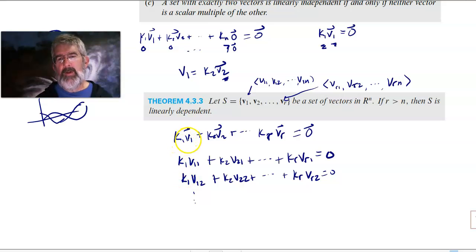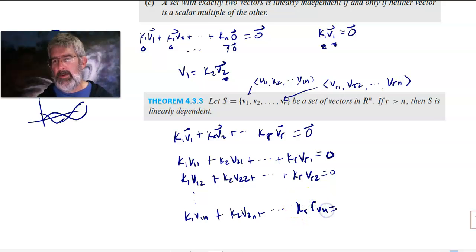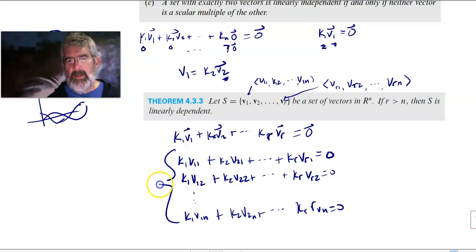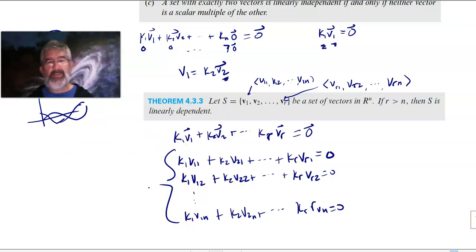What is the last one? Well, each of these things has n components in them. So the last one would be k1 v1 nth component plus k2 v2 nth component plus all the way up to kr vr nth component, and that has to be 0. So what I have here is a system of linear equations, right?